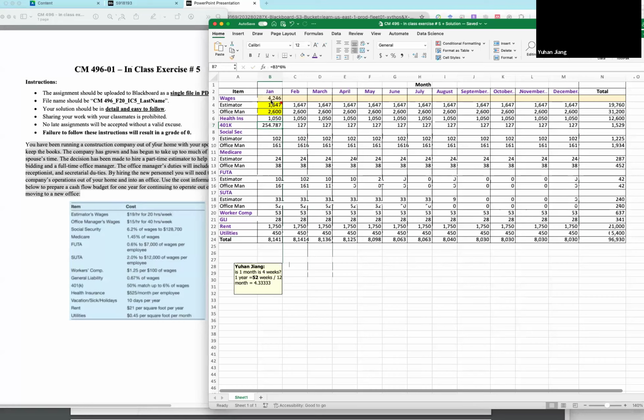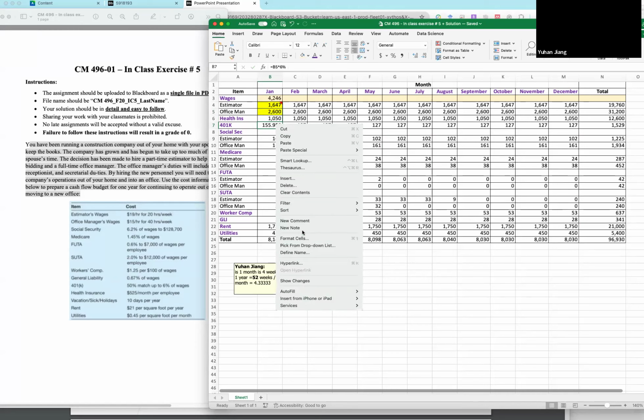Okay, challenge. Do we pay the part-time with 401k? No, we only pay the full-time with 401k. So this number we're not using that one. We're using this office man. It's still wrong. So what happened here?